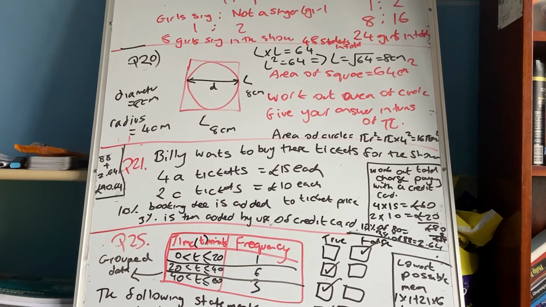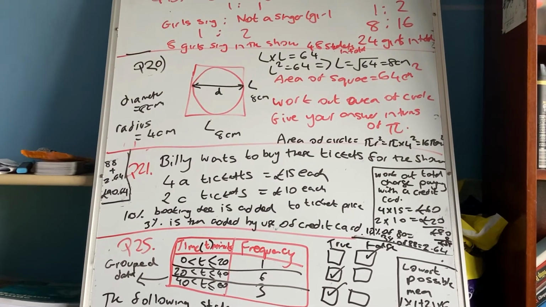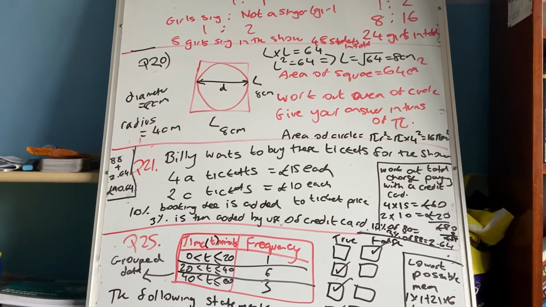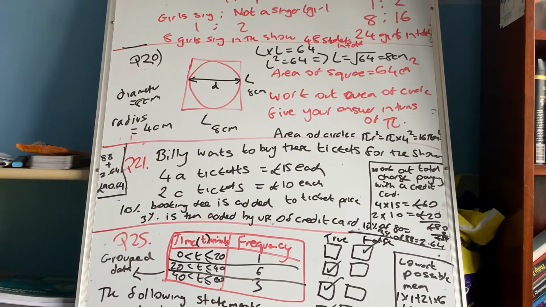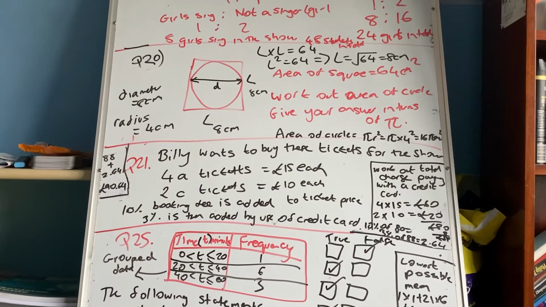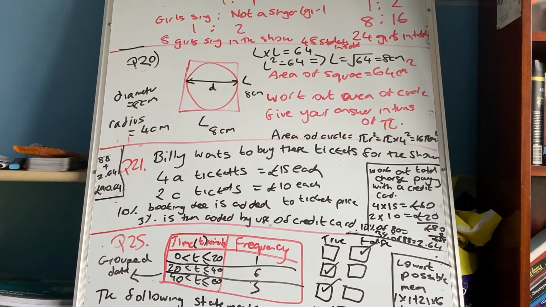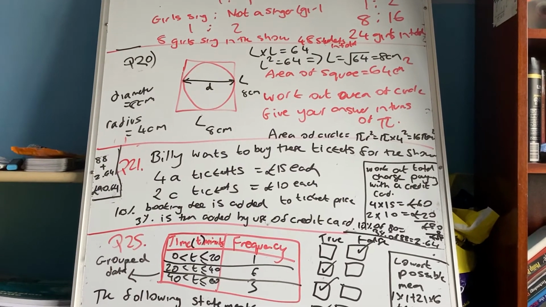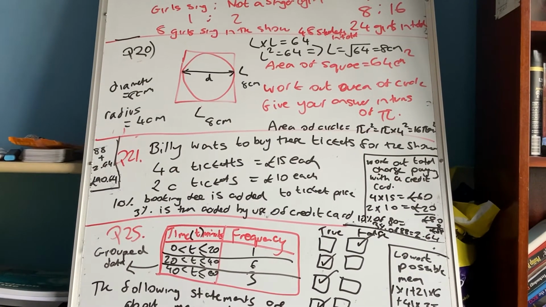Then it says 3% is added by the use of a credit card. So I'm going to work out 3% of 88. Well, 1% of 88 is 88 divided by 100, which is 0.88. 3% is 0.88 times 3, which gives an answer of £2.64.